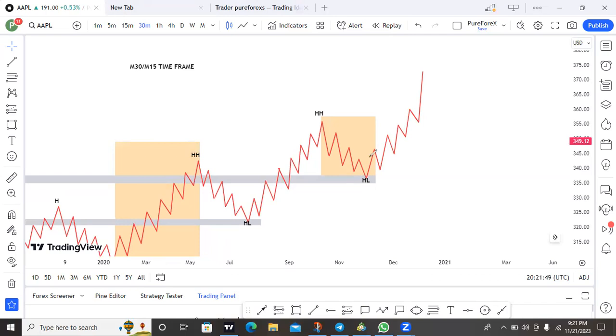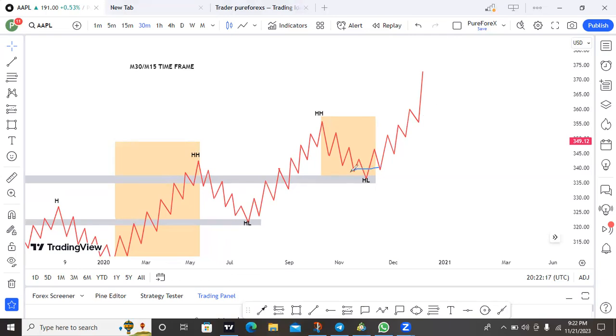We have a breach of the Dow theory here. So when the Dow theory is breached, what does that tell you? It tells me that it's about to go in the opposite direction. It is telling you that the retracement on the H4 time frame is now over. It is now time for the market to start going bullish.